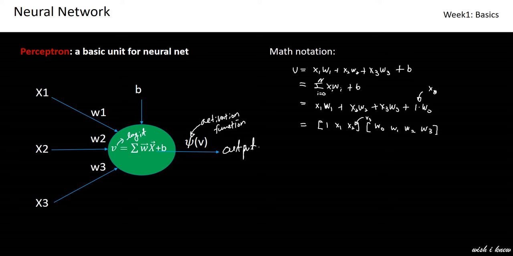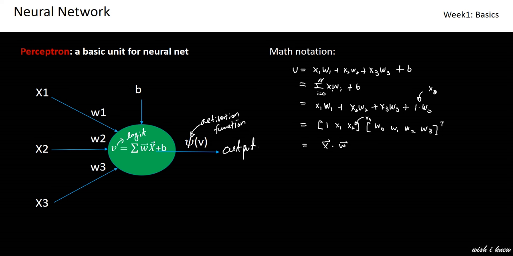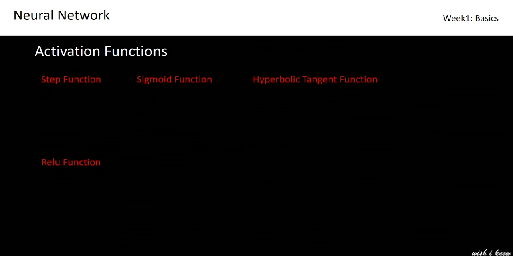So we can just write it as x dot w. This can be another way of expressing V, and we just need to put this logit value into an activation function. The very simple activation function.